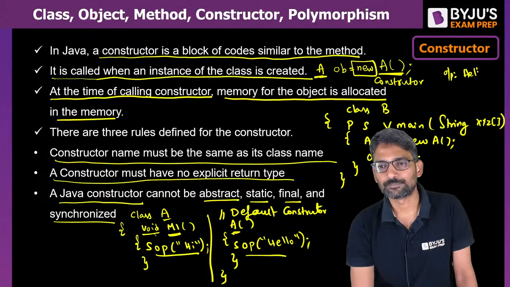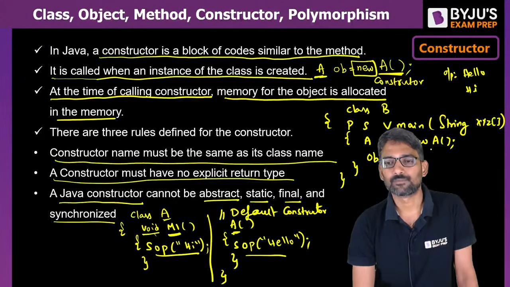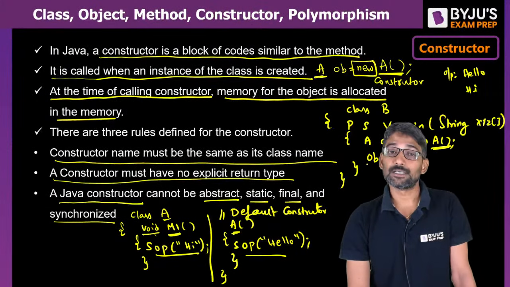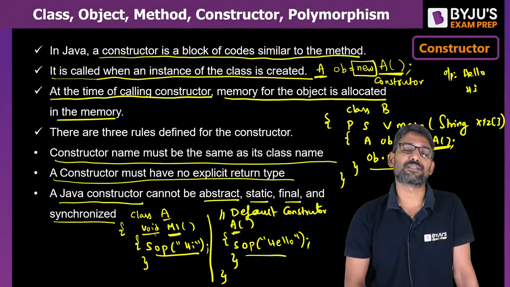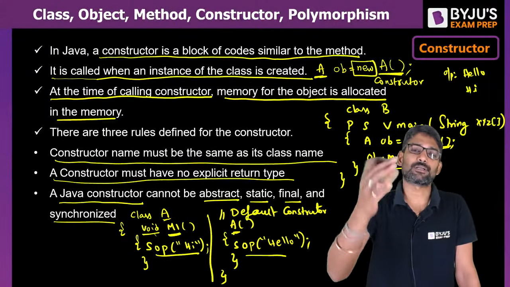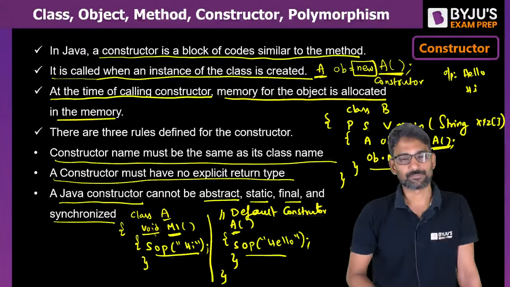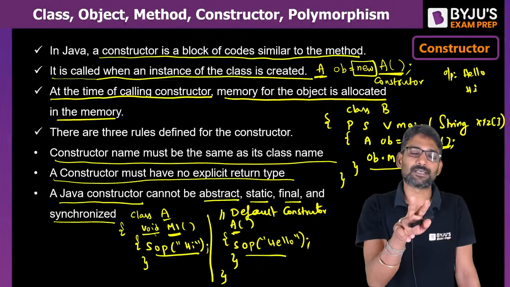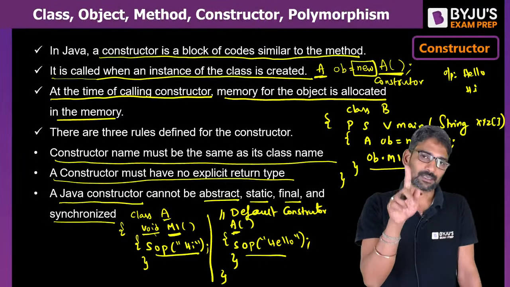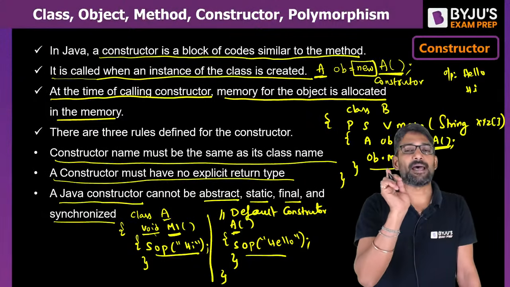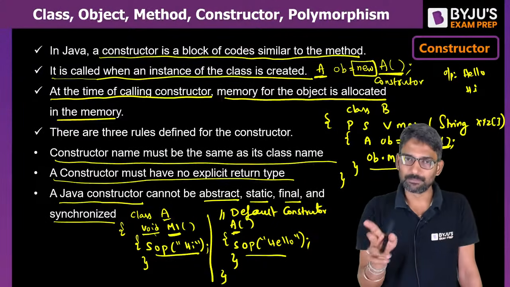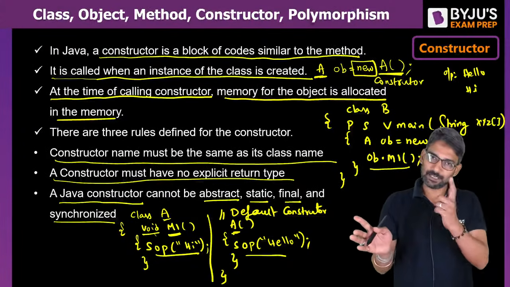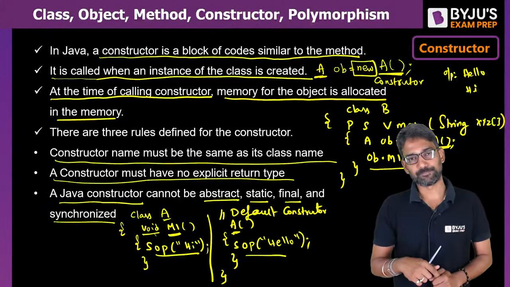Hello first, then hi. Because the constructor is invoked while creating an object, then through the object you are invoking the method. So first you will get the constructor output, then the method output. I think this difference is clear for everybody. Constructor and method are similar, but a constructor has the same name as the class and no return type. A method can have any name except the class name, and it must have a return type.